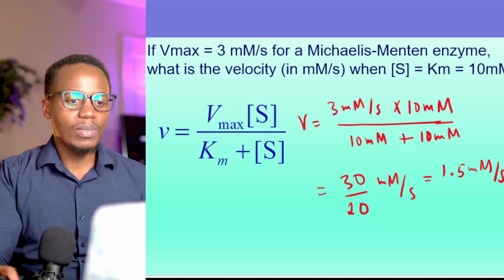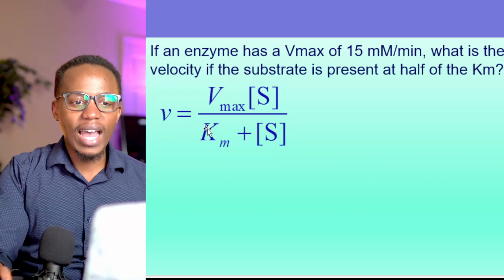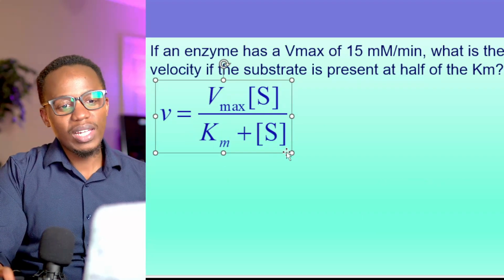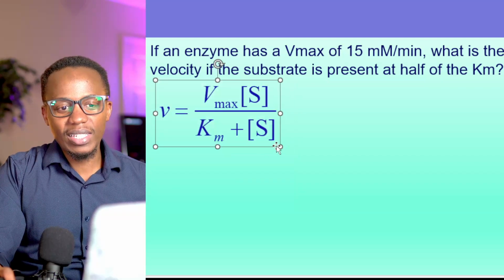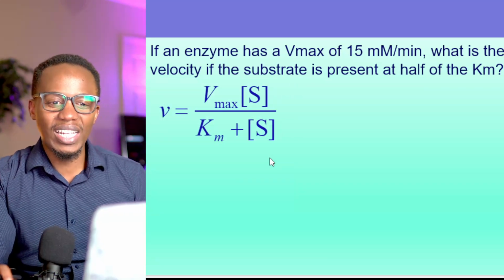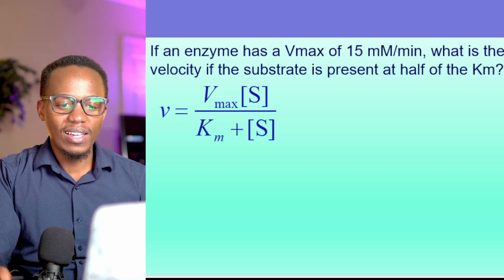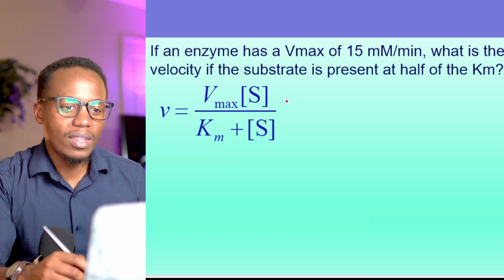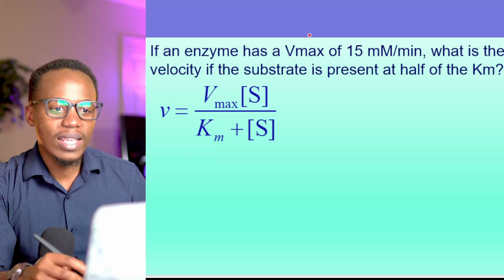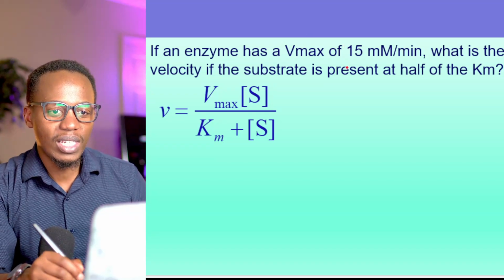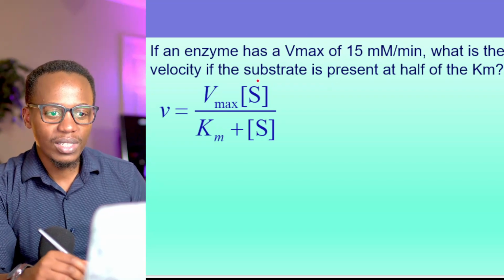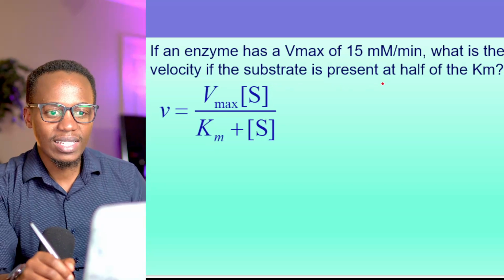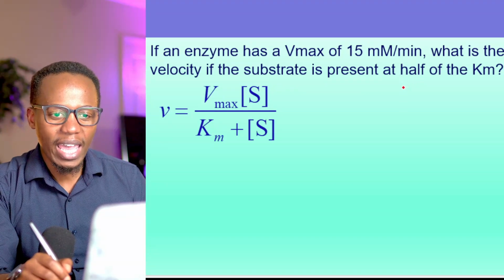That's too easy, right? Just plug in and play, no problem. Let's see another question. And I added the equation here, by the way, but it doesn't mean that it's going to be given to you in a question, right? It's something that you're gonna have to know. All right, so this one says, if an enzyme has a Vmax of 15 millimolar, what is the velocity if the substrate is present at half of the Km?